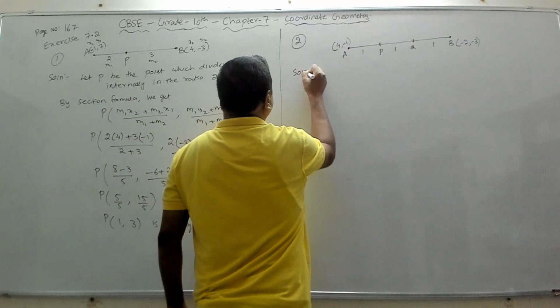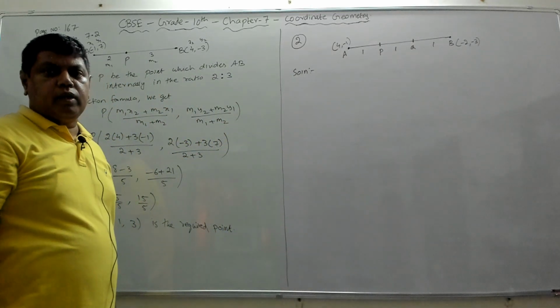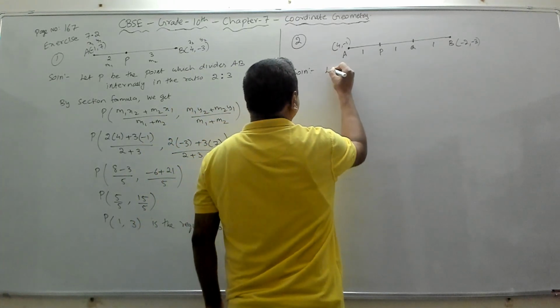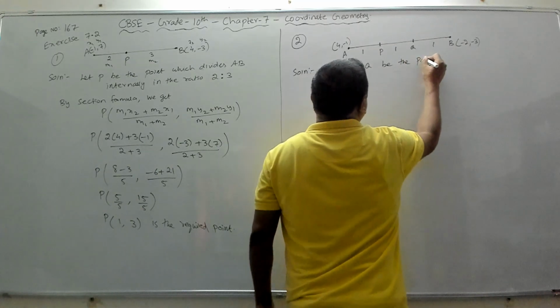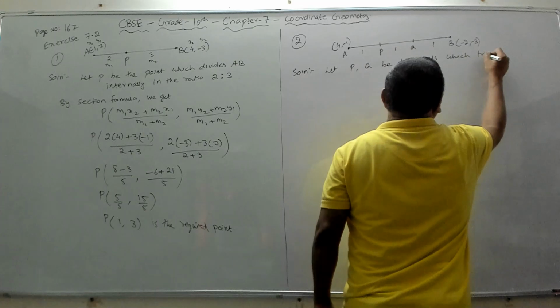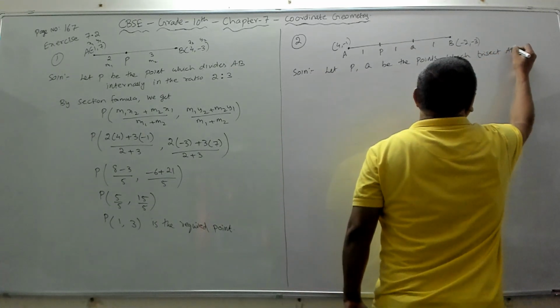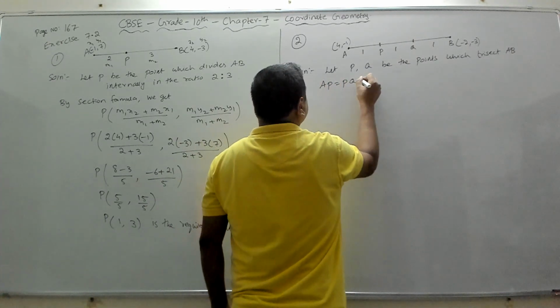We have to find the coordinate of P and the coordinate of Q. Let P and Q be the points which trisect AB, which means AP is equal to PQ is equal to QB.